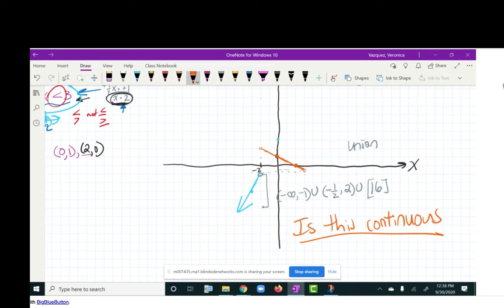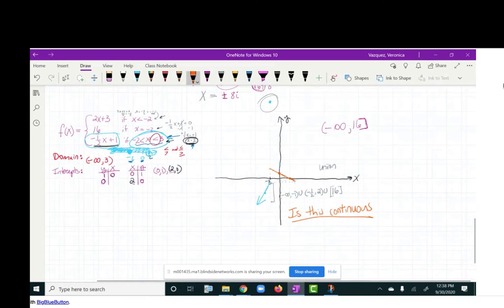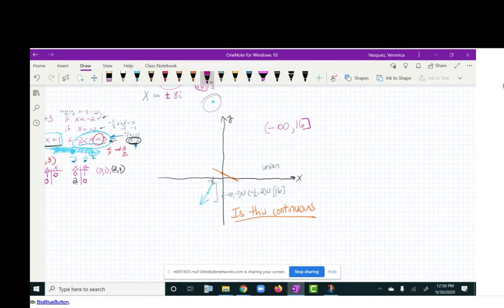A continuous function is where every point is next to every other point. So this one is discontinuous. It's discontinuous in 2 places. It's discontinuous here, right? Those 2 points don't match up, and then this point doesn't match up with either of these.